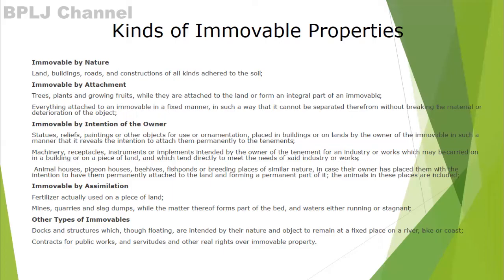And then the last one is contracts for public works and servitudes and other real rights over immovable property. Class, you must remember that any contract, the subject matter of which is a real right over immovable property, is considered as an immovable property.